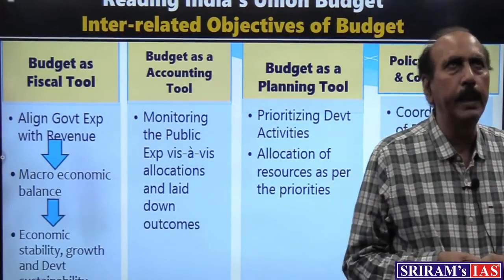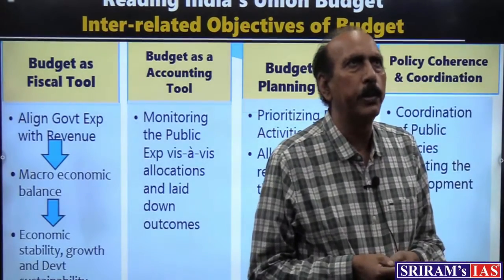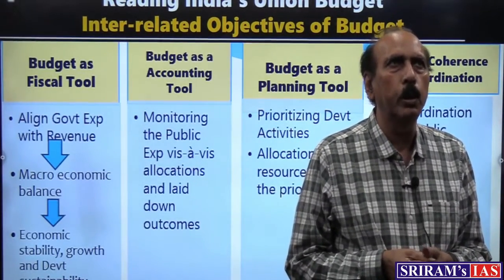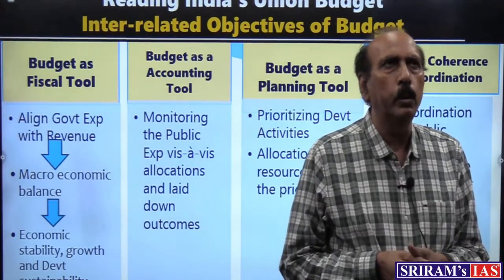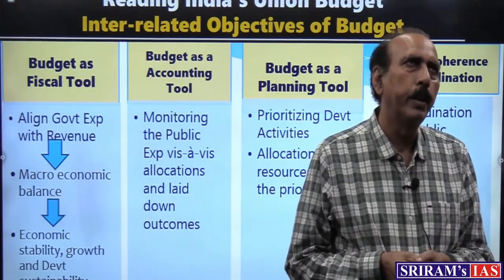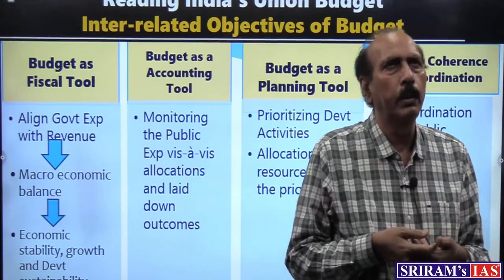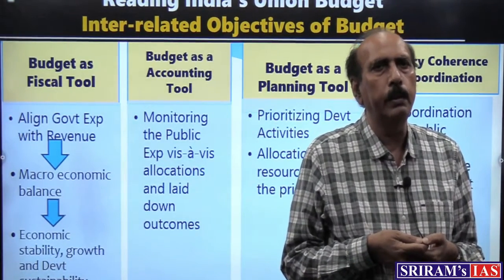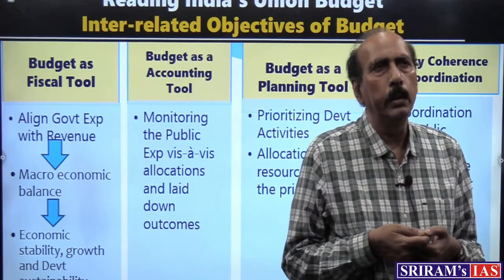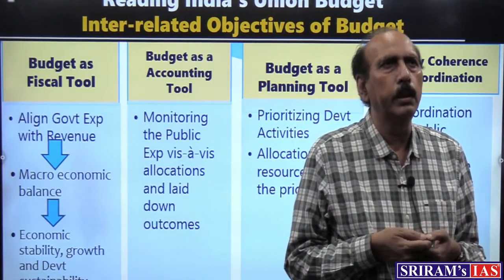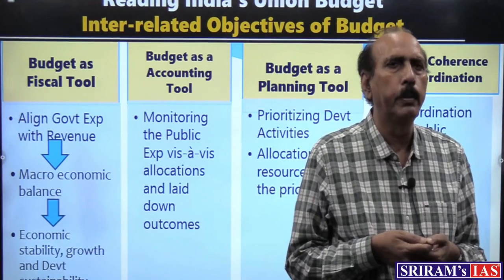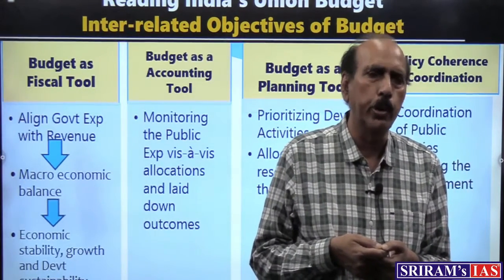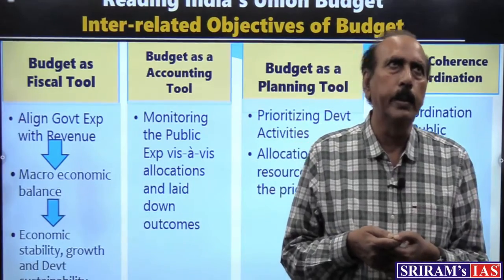Government has to align its expenditure with revenue such that macroeconomic balance or stability is maintained. That is the first basic principle of budget making. No government would like the macroeconomic stability of the country to be disturbed. That's why the budget as a fiscal tool has to ensure economic stability.